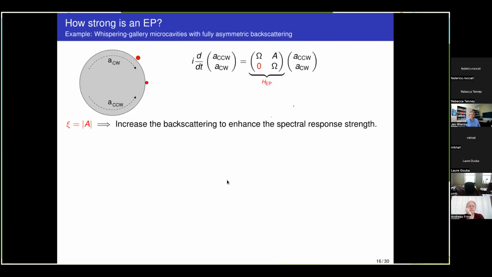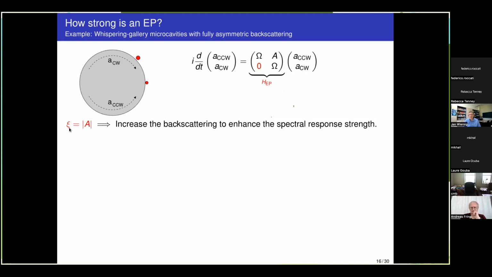Okay, now let us come to examples. I mentioned already these whispering gallery microcavities with fully asymmetric backscatter. Here the effective Hamiltonian looks like this. I forgot to mention that omega are the frequencies and A is the backscattering coefficient. If you do the calculations, for a 2 by 2 matrix it's very easy.